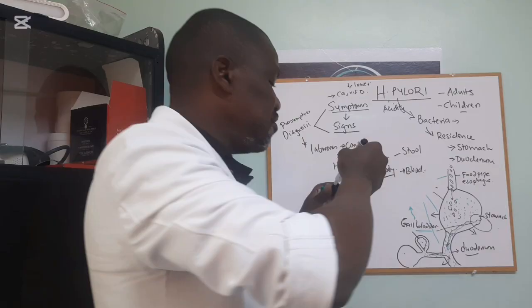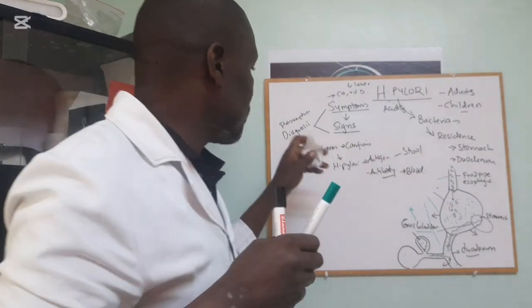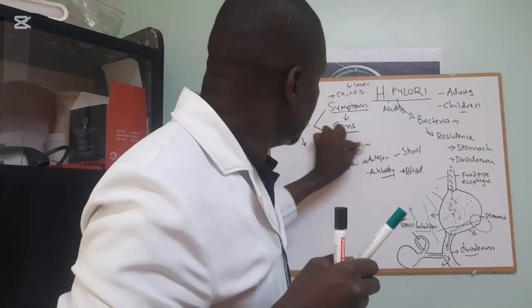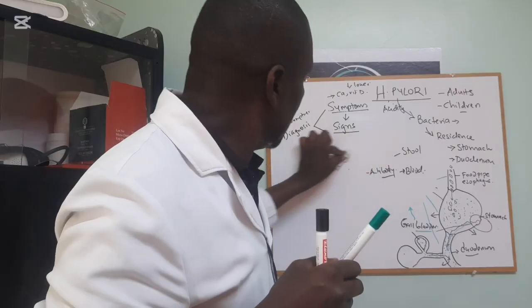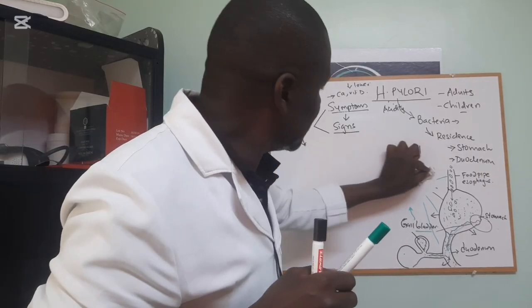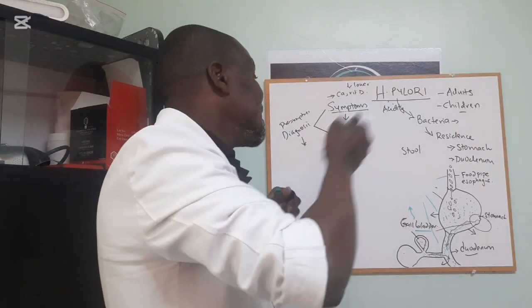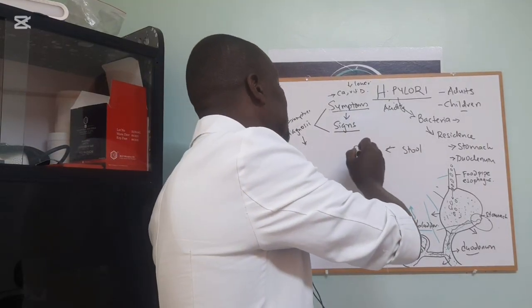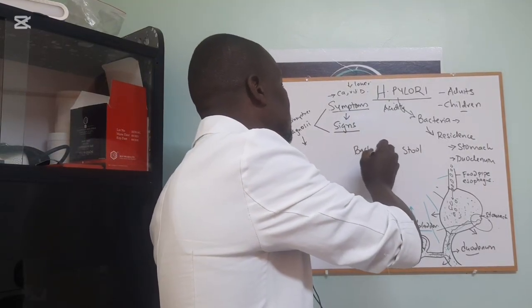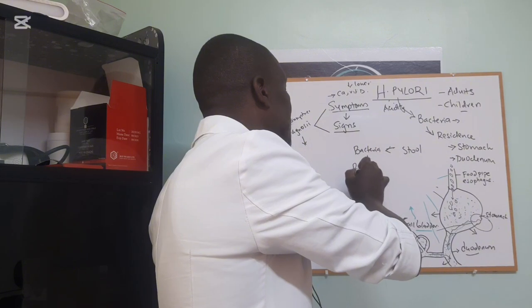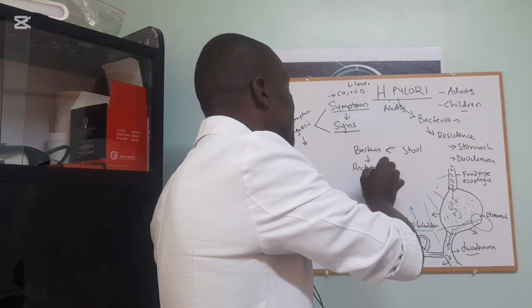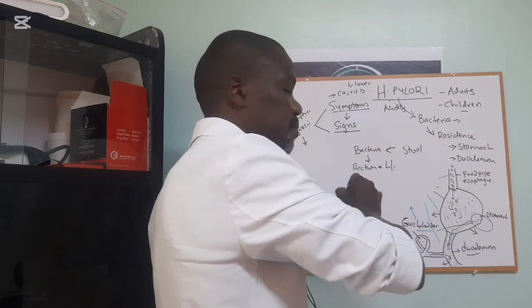Now, I want us to derive a few more symptoms from this thing. Once you have stool that is positive for H. pylori antigen, it means that in that stool there is the bacteria itself. And stool comes from the rectum. It also comes from the large intestine.